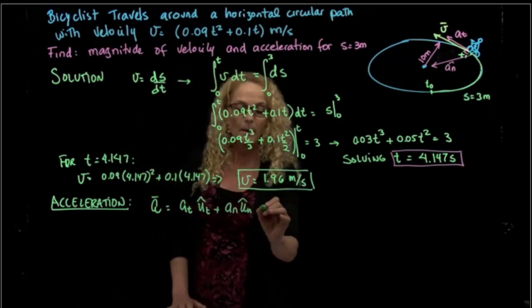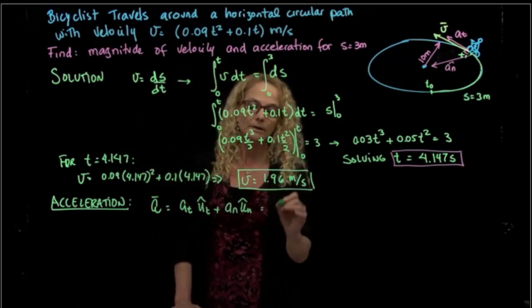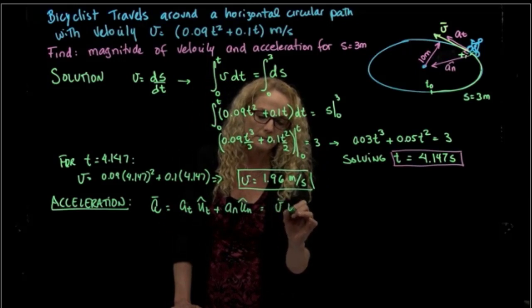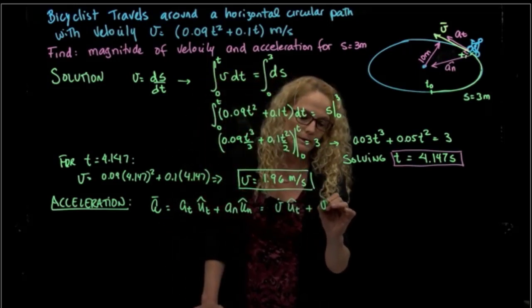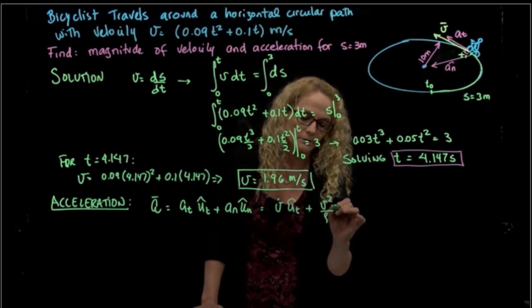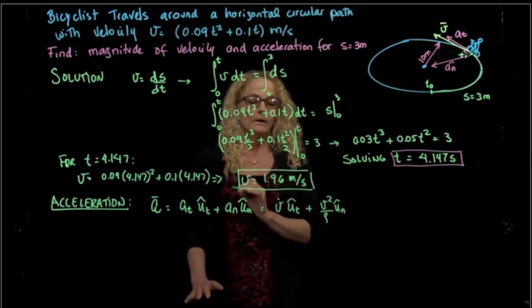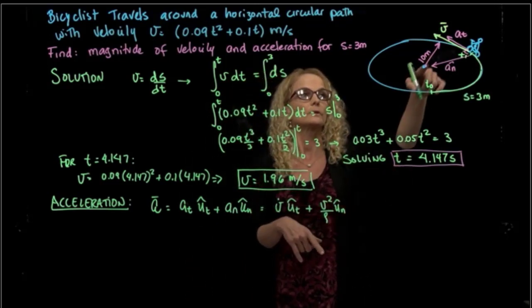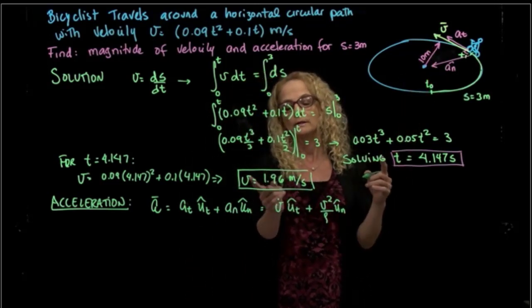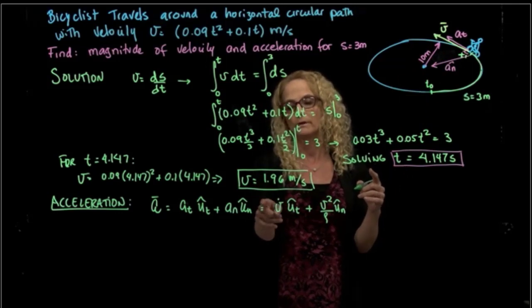We remember too that the tangent acceleration is the derivative of the velocity, and the normal acceleration is the velocity squared over the radius of curvature. The velocity we already have, and the radius of curvature is given as 10 meters, so the only thing we need to find is the derivative of the velocity.